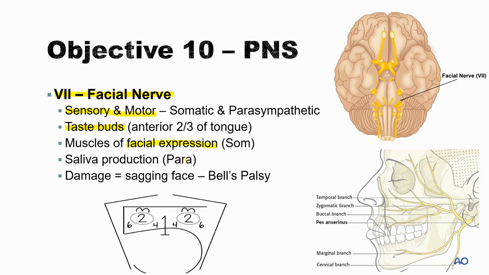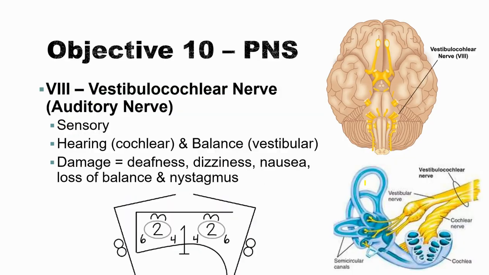And then for parasympathetic, which is involuntary, we have saliva production. All right, and so if you did have some damage here, this could cause a condition called Bell's palsy, where the face is kind of saggy. But you can see there's a lot of functions for number 7, and kind of like number 5, it is a very large area that's covered, and so you can see this kind of makes up the outside of the face.